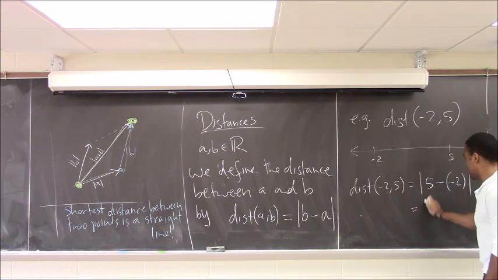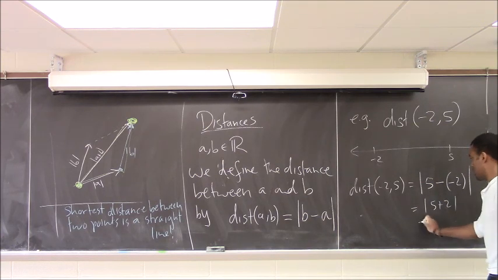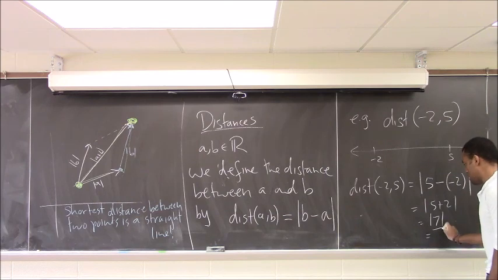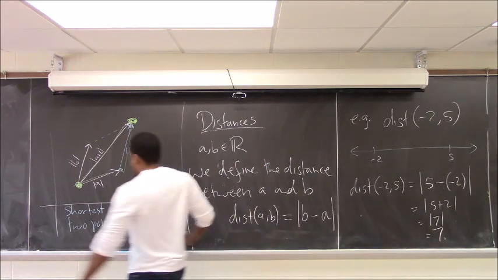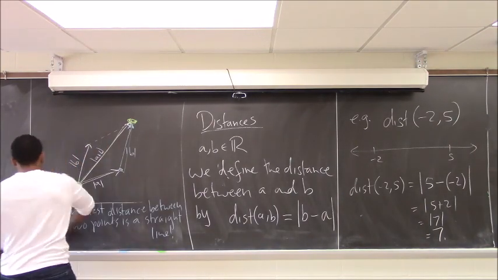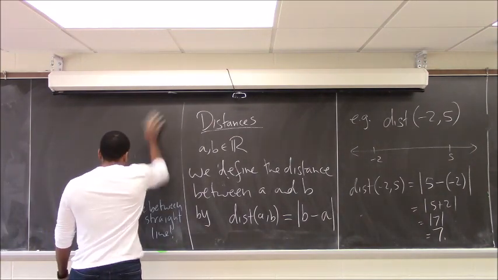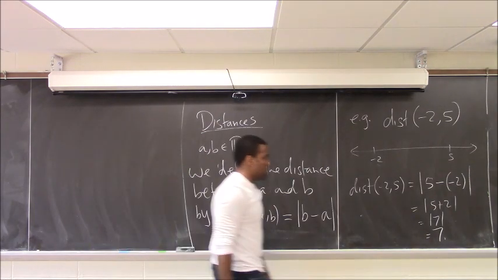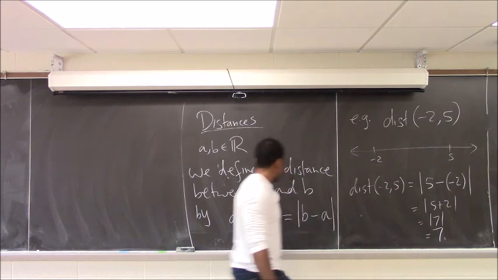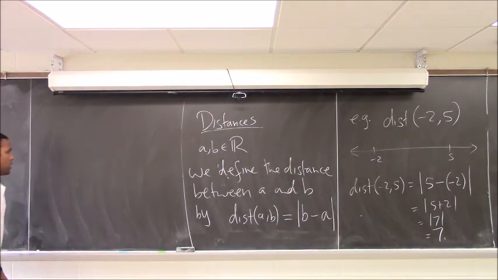You'll clearly see that this is the absolute value of 5 plus 2, which gives you the absolute value of 7, which is 7. So you can throw the absolute values in to make sure you actually get the right number. Distances are always taken to be positive in general.